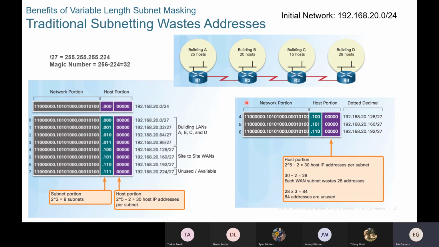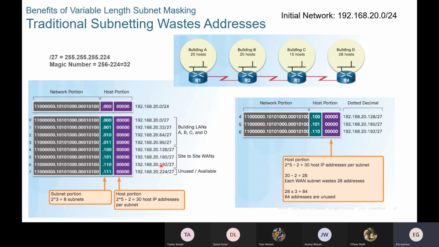Then we need subnets for the point-to-point connections. So we need 3 subnets, one here, one here, one here. So we could use this one, for example, here, between router 1 and router 2. This one, which is the 192.168.20.160/27, we could put it between router 2 and router 3.